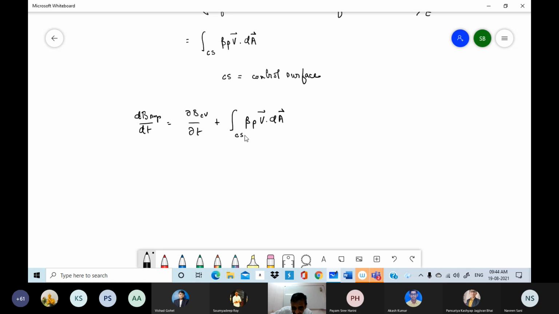So over the control surface, rho V dot dA must be equal to 0. So that would be the conservation of mass applied to a control volume.